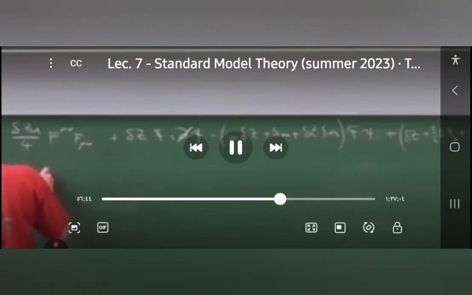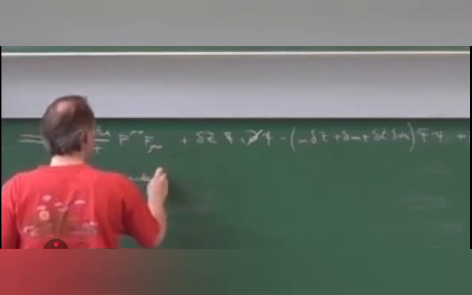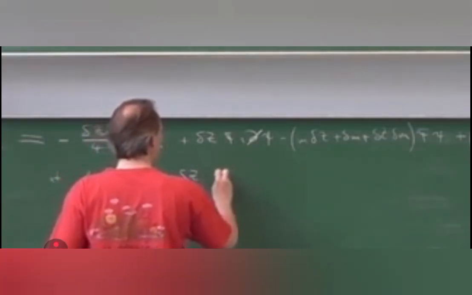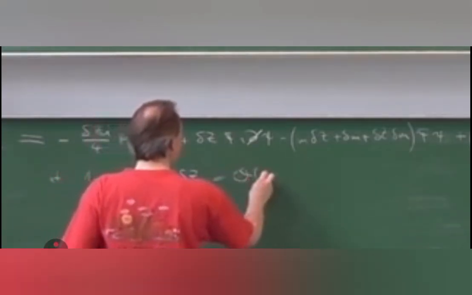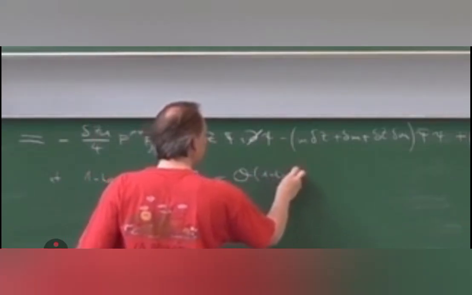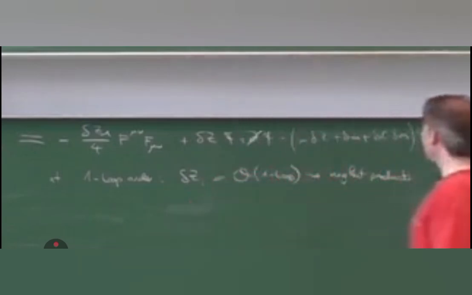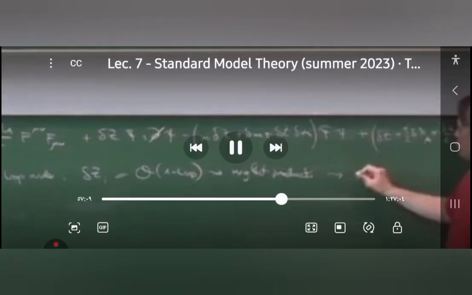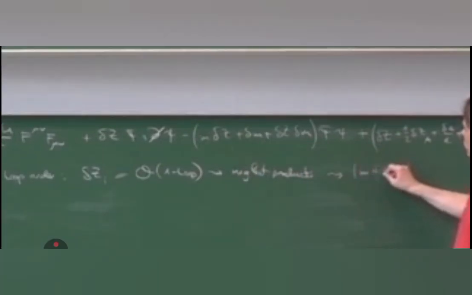So, and at one loop order, all the delta Z_i are order one loop, and so we can neglect products. So therefore at the one loop level, here we would only get from this term, for example, m times delta Z plus delta m.